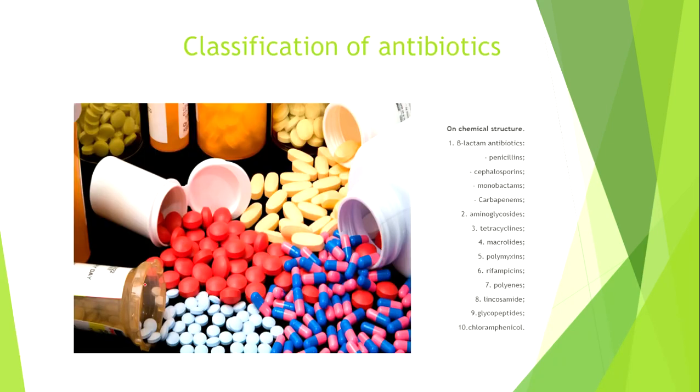Classification of antibiotics. It's not all of the antibiotics, but most of them. We have different classifications, and we first of all start from chemical structure. First, beta-lactam antibiotics: penicillins, cephalosporins, monobactams, and carbapenems.